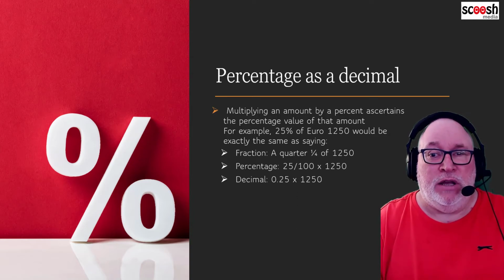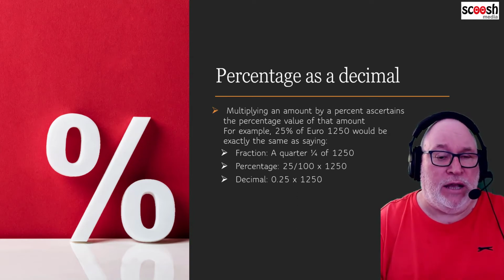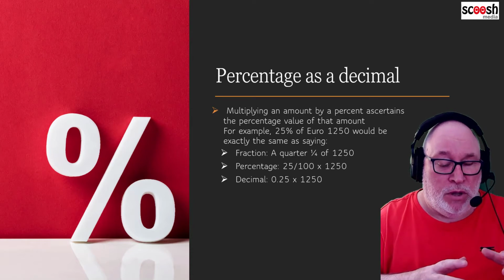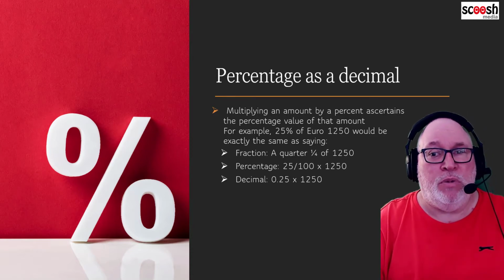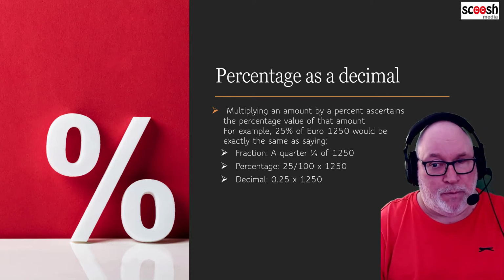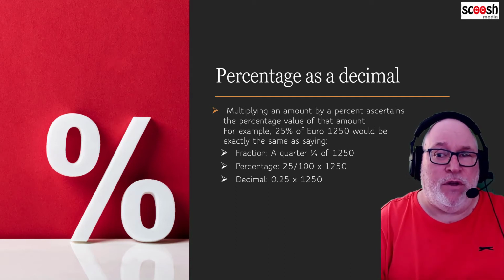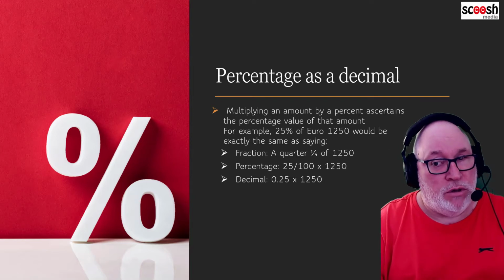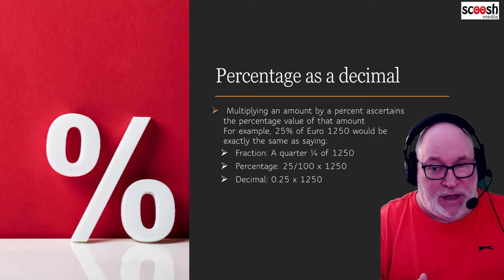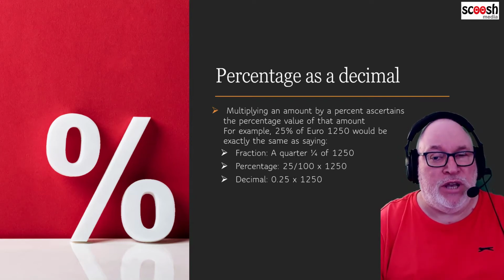So the fraction, as you take 25 over 100 in its smallest denomination, then what it would be is 1 quarter. 25 goes into 25 once, 25 into 100 goes 4 times, so it's 1 over 4. That's the connection with the fraction from a percentage.